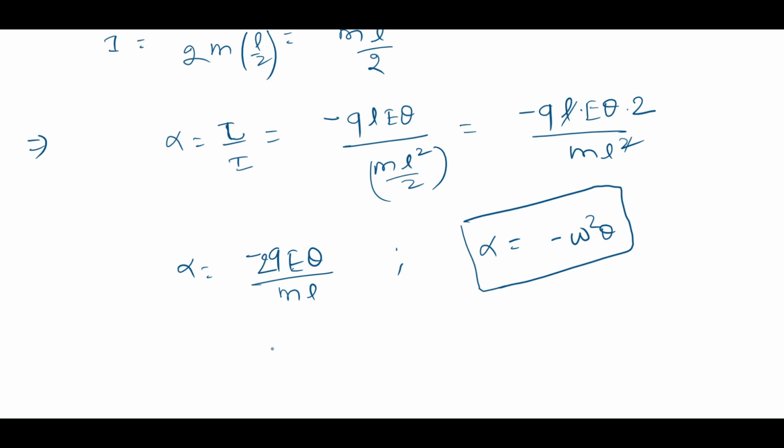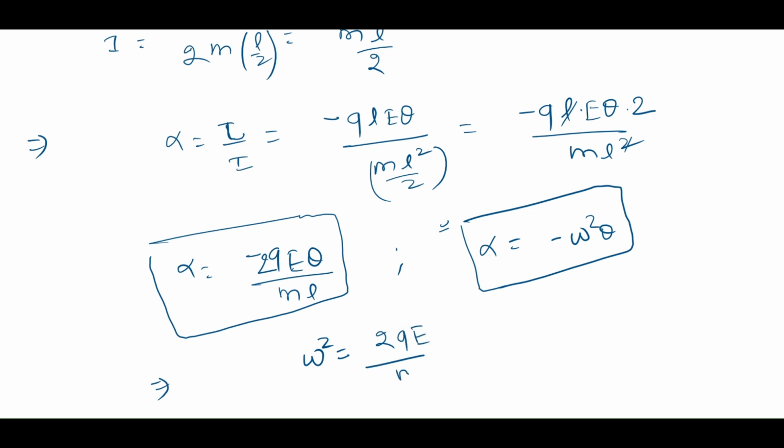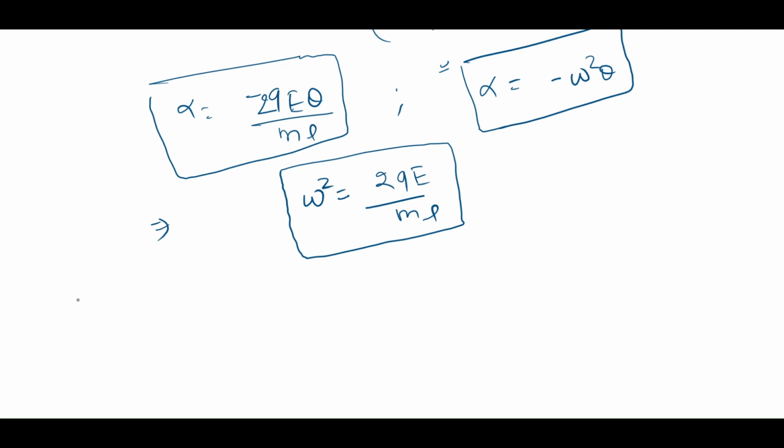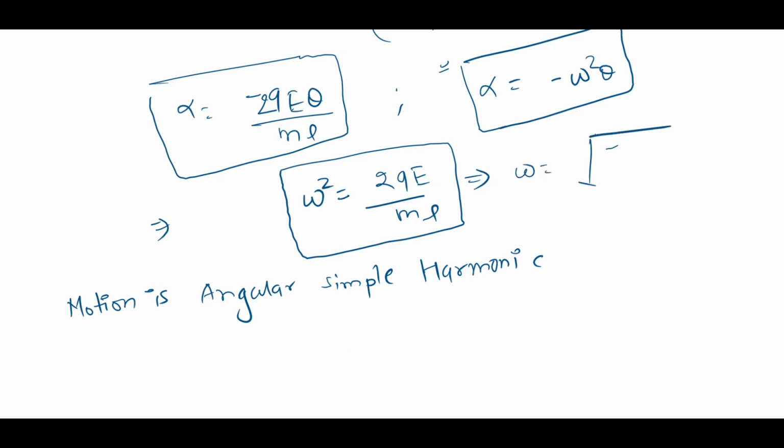Comparing this equation with that one, we conclude that omega square is 2 Q E upon m L. So we got the value of angular frequency, and we can say that the motion is angular simple harmonic. You can also find omega, which is root of 2 Q E by m L.